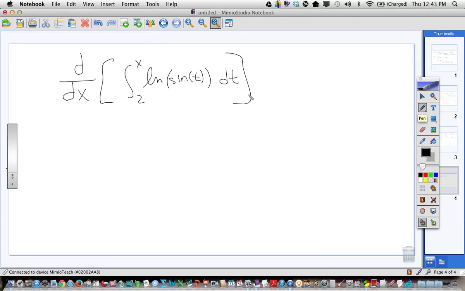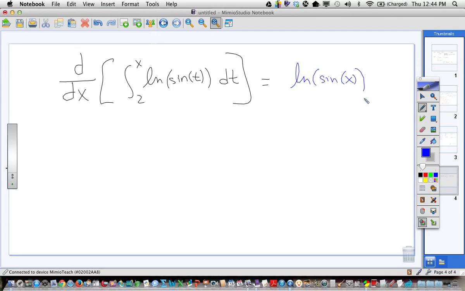So if I gave you this problem on the quiz tomorrow, you would write what? ln sine of x. That's what you would do. ln sine of x, and you'd be done, right? Because what you're doing there is the derivative of the antiderivative.